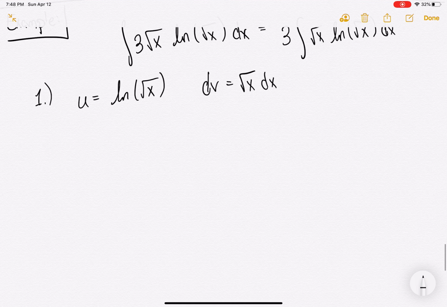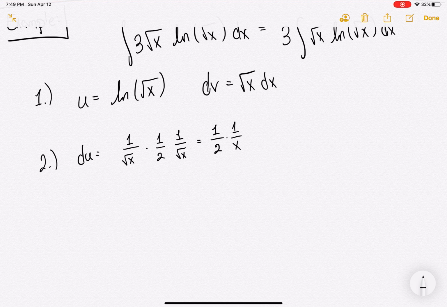So that means in step 2, if we need to find du, what is the derivative of the natural log of root x? That's going to be 1 divided by root x times the derivative of root x, which is 1/2 times 1 divided by root x. What do you know? It's 1/2 times 1 over x. And you guys are screaming at me, why in the world is that? That looks like the derivative of the natural log.